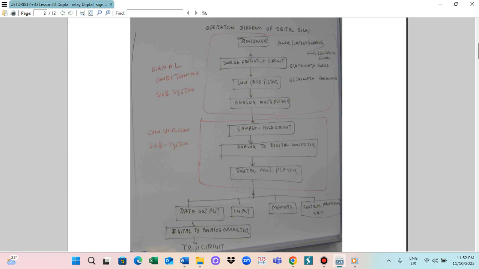So this is what we call the operation sequence. Sequence means determination of the result, and then they go to the output.